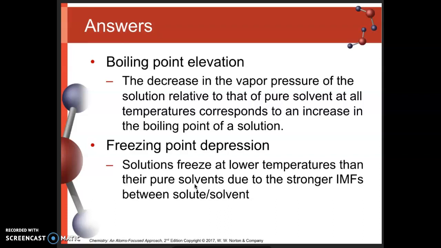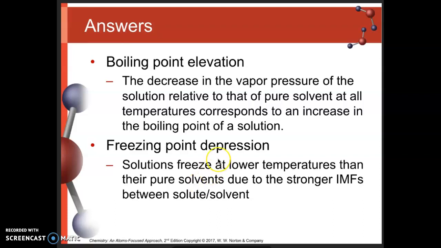As a result, those stronger interactions make it more likely that the liquid stays a liquid and freezes at a lower temperature, because the freezing process is going to force those solvent molecules to separate themselves and start to freeze individually.